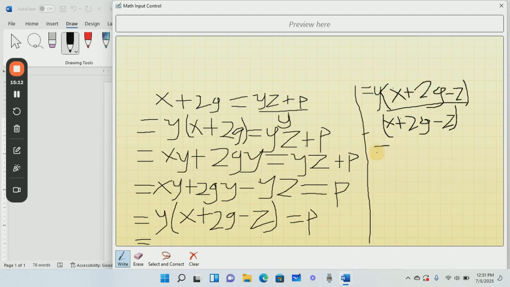So the whole of this thing is equal to p all over x plus 2g minus z, bracket close.